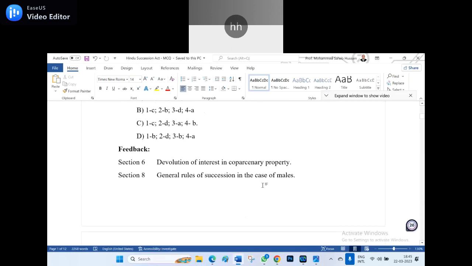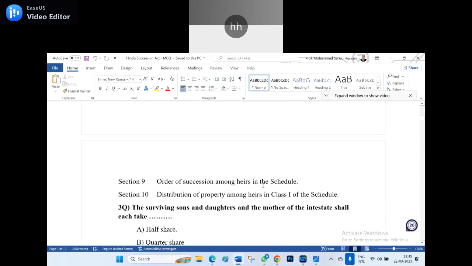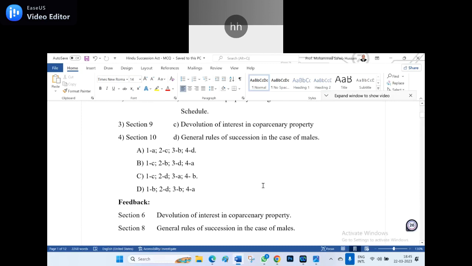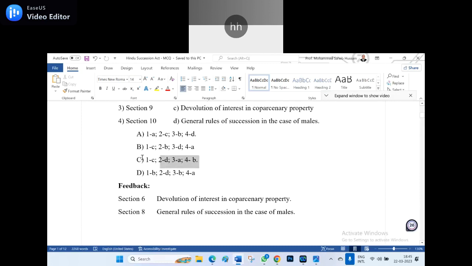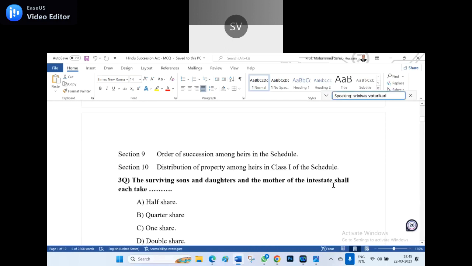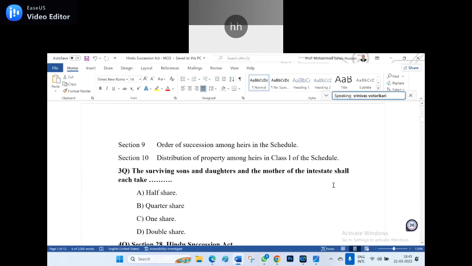Then section 10, distribution of the property among the heirs in class 1 of the schedule, which I have given in B. So the answer is C. C is the right answer. Yes. Then third question.